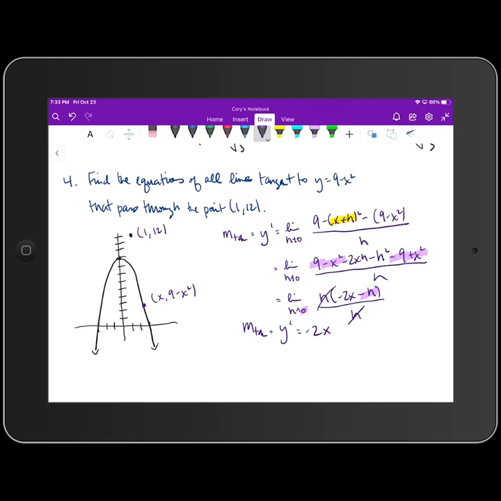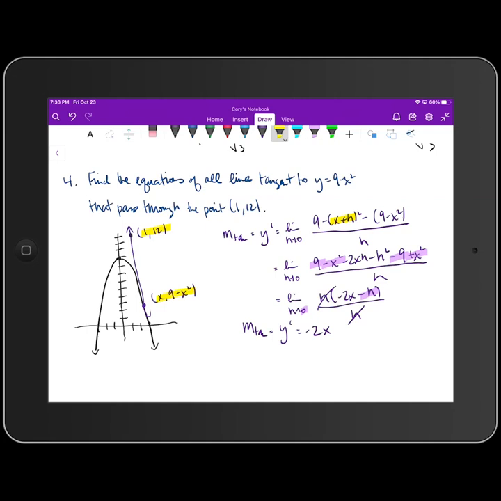So if our tangent line passes through both of those points, I can find the slope of the line that passes through these 2 points here. I can calculate that using the slope formula.